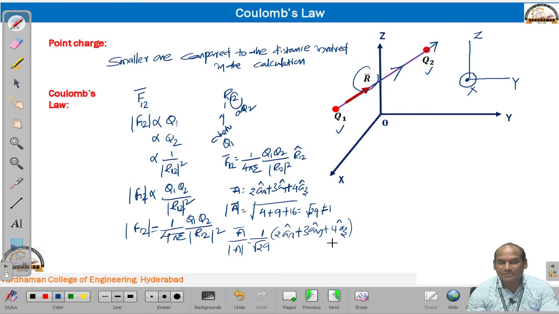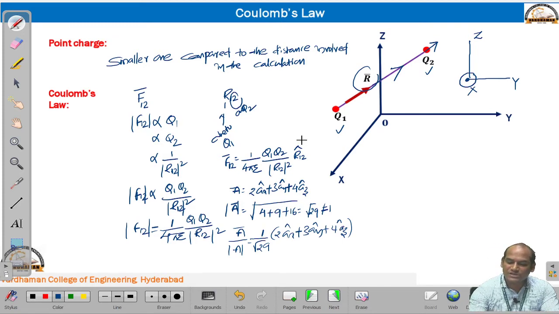So, root 29 by root 29 means 1. So, the vector a bar by magnitude of a has magnitude 1. That means a bar by magnitude of a is the unit vector. A bar is not a unit vector, but a bar by magnitude of a is a unit vector.